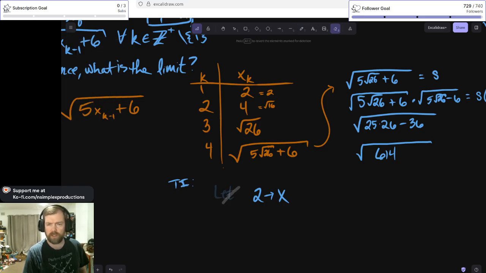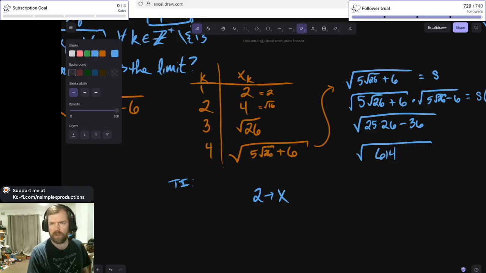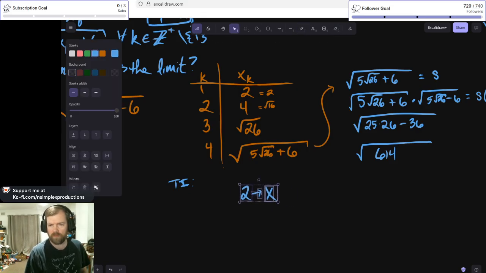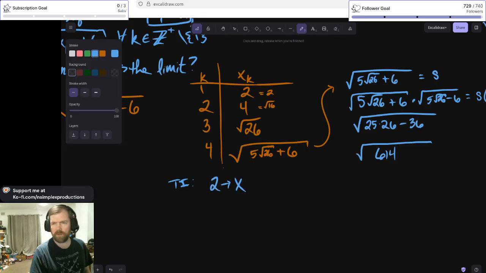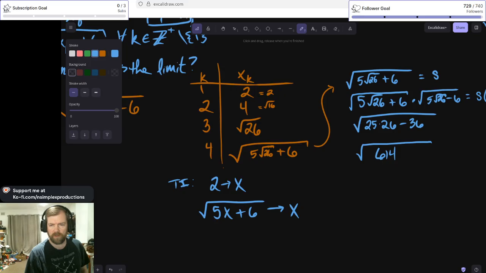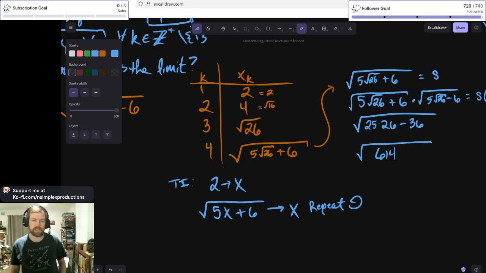So your TI language is going to be 2 store to X. Then you type in square root 5x plus 6 store to X. And then just repeat this instruction as many times as is necessary until you get it.